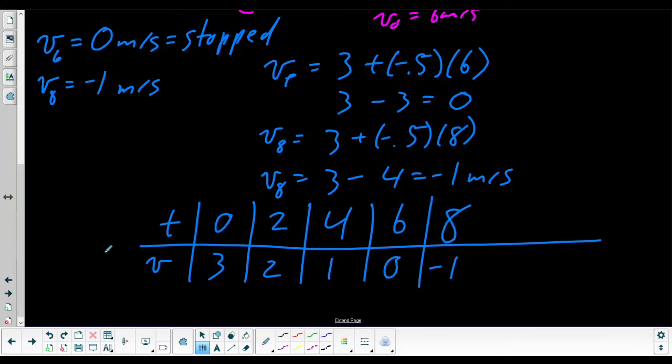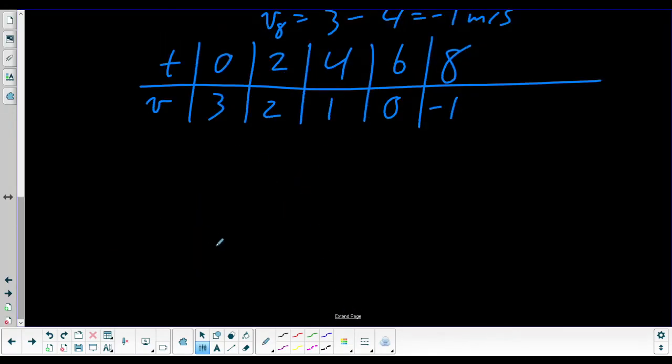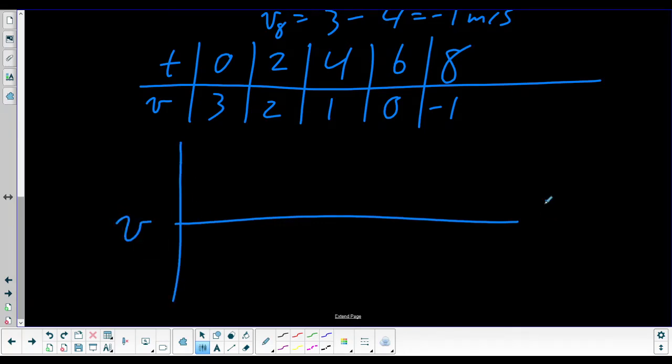Let's look at this really quick. We could even go so far as to graph this. Here's velocity. Here's time. At 0, we're at 3. So 1, 2, 3. So 3, 1, 2, 3, 4, 5, 6. And these are 2s. So 2, 4, 6, 8.